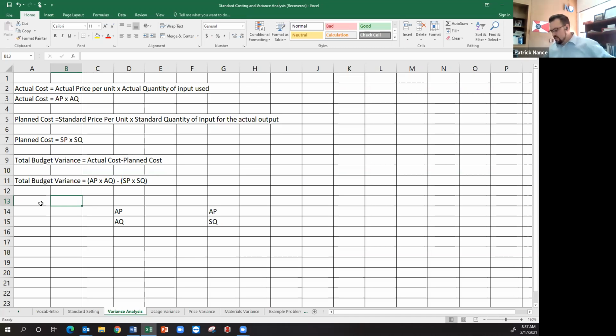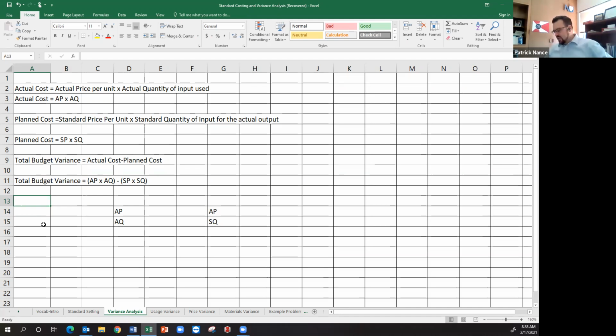A favorable variance would be the opposite, when we are using less of the standard quantity than we planned on, or our pricing was lower than our standard pricing. That would mean we had a favorable overall variance.